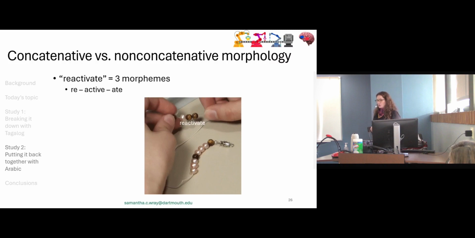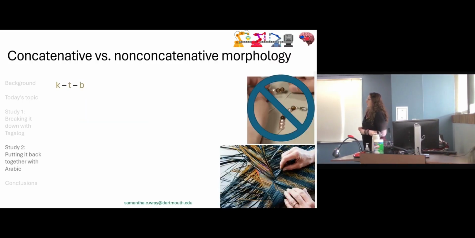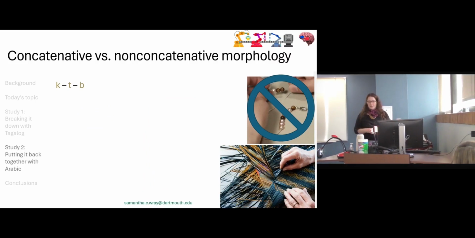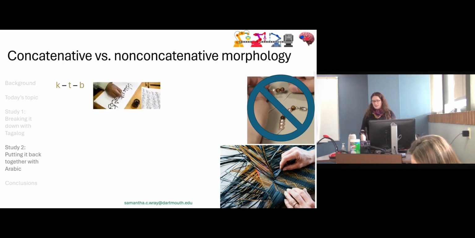Let's look at a more extreme example of infixation. So Arabic is a classic non-concatenative morphology, which means instead of beads on a string, where you concatenate one after another, it's more like the weaving together of morphemes. So here is a morpheme KTB. This cannot be pronounced. It cannot stand on its own, and it is not free like idea.